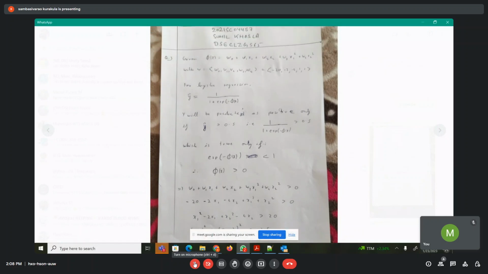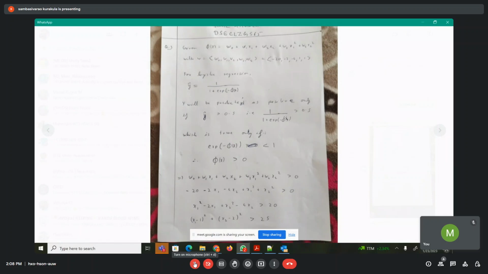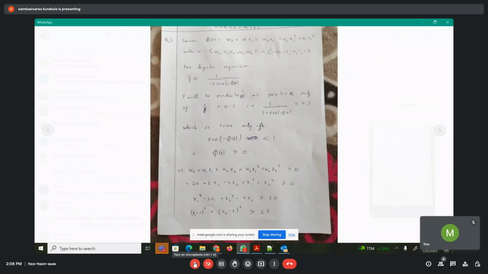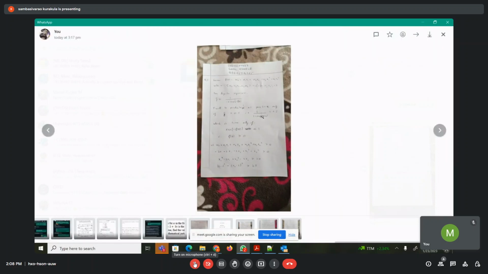When the whole expression is greater than 0.5 only, we classify it as yes. So just take this portion. Let's see how the probability will change. If it is 1 by 1 plus some value, this is the one which changes the total probability, right? For the probability to be greater than 0.5, this exponent of minus theta x should definitely be less than 1. We can do the math.